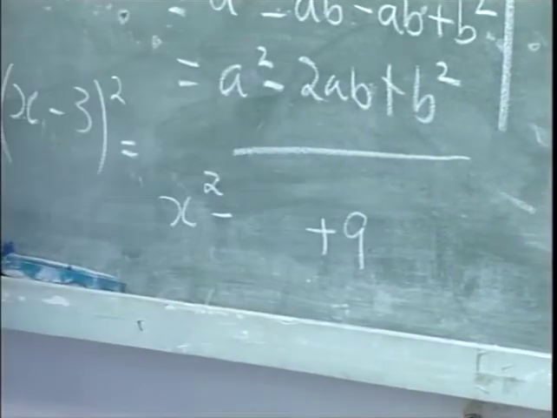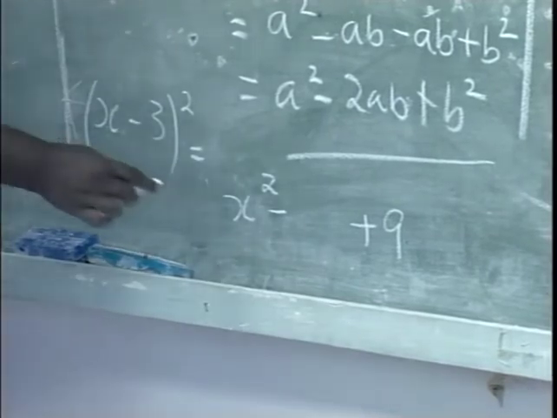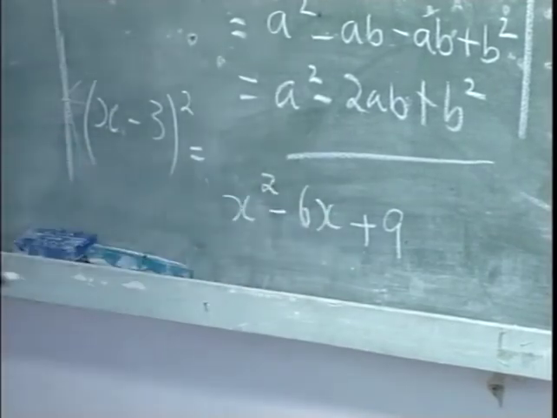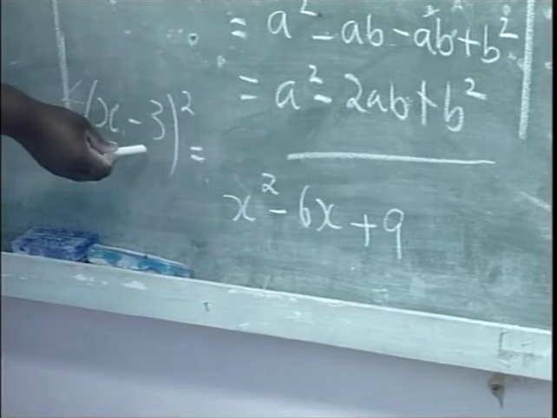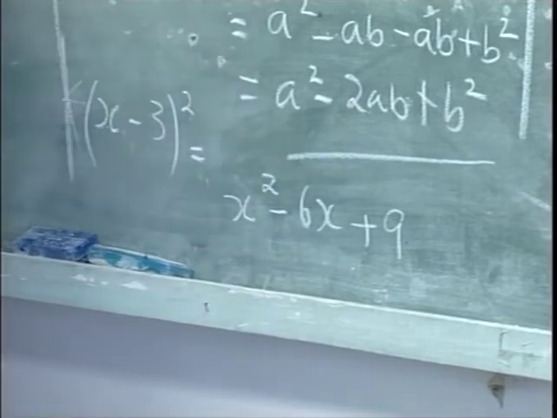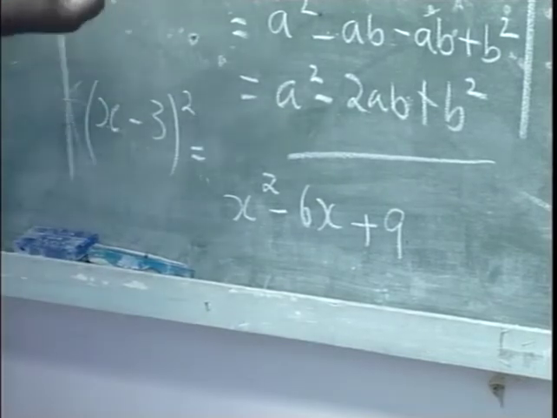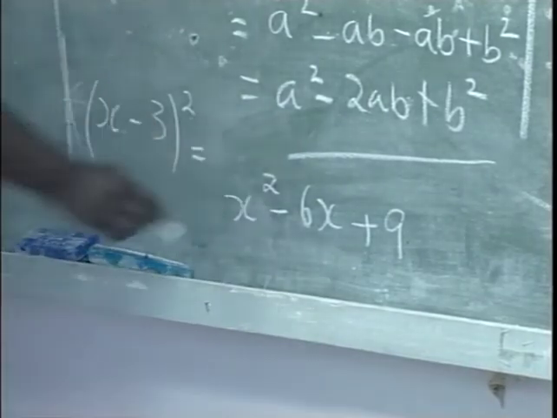What's the middle term going to be? Anyone? Minus 6x. Okay, x times negative 3 times 2. X times negative 3 is minus 3x, and minus 3x multiplied by 2 is minus 6x. Okay, the only difference is a minus sign.